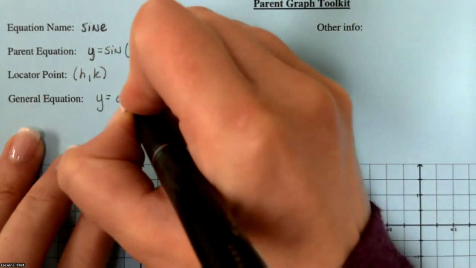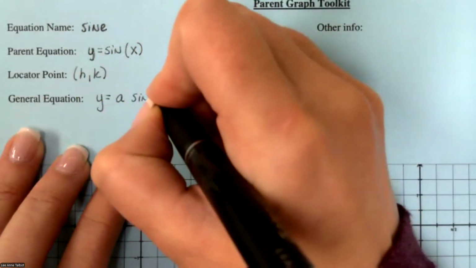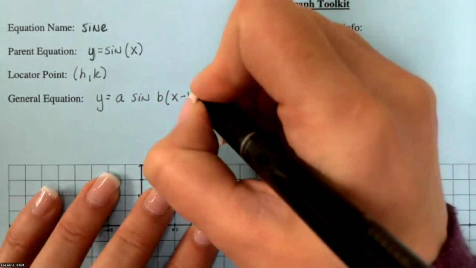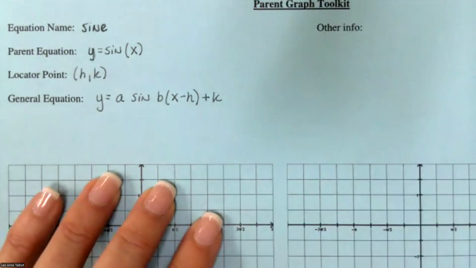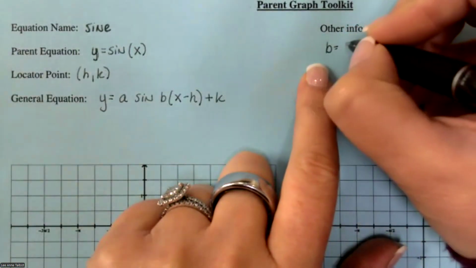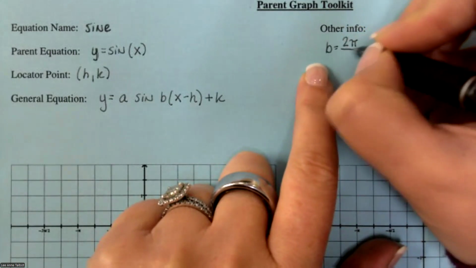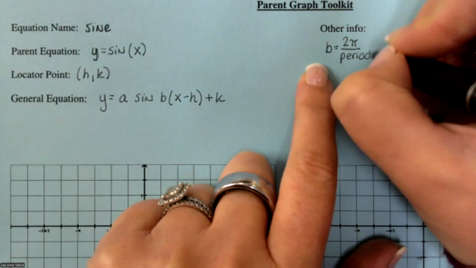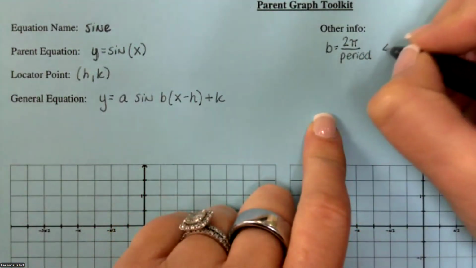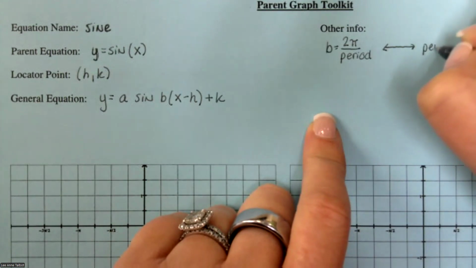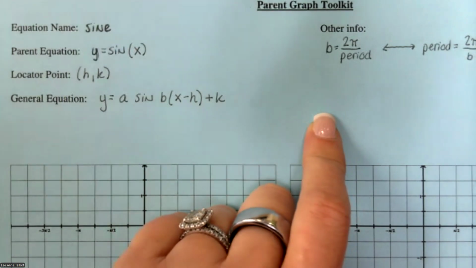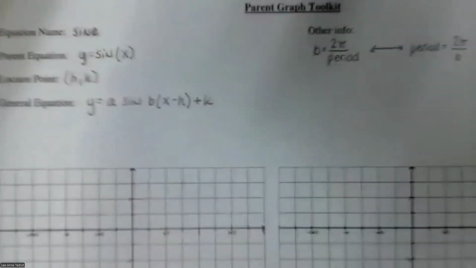Y equals A sine B x minus H plus K. Okay, other info. B equals 2 pi over the period. And period is 2 pi over B.